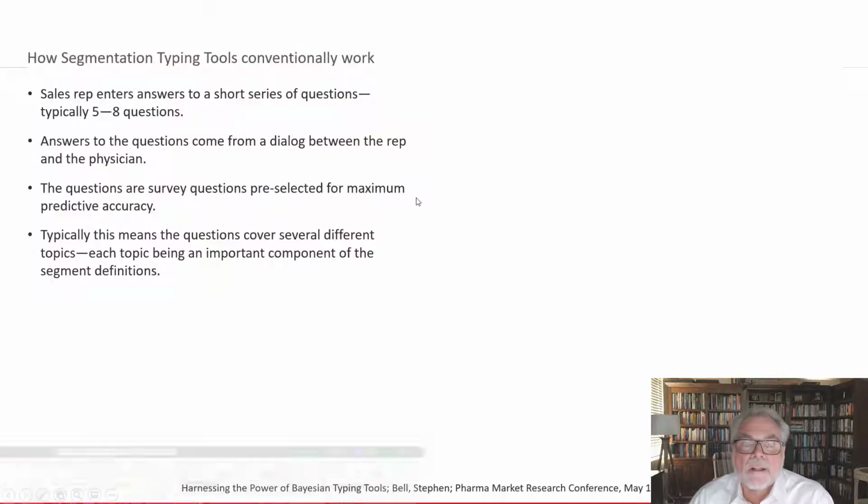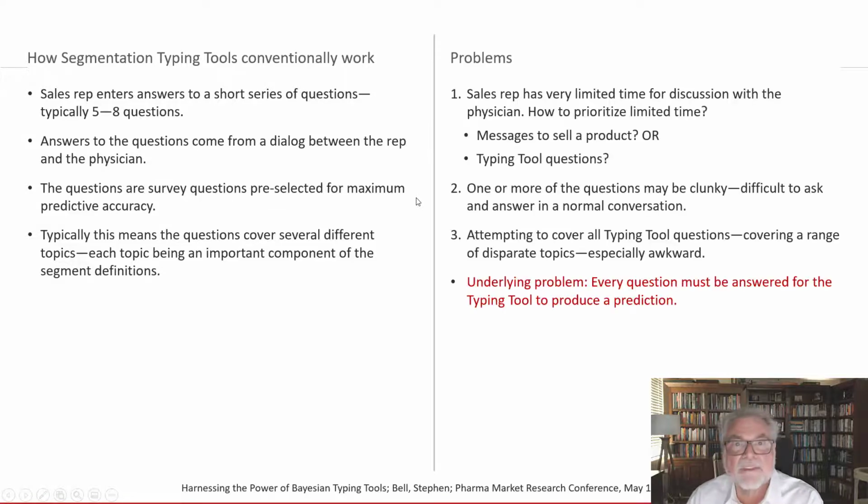Okay, so that's the conventional segmentation typing tool, and it actually has some pretty significant problems. There are frankly, I feel there's good reasons for sales reps not to like conventional typing tools. Problem 1, the sales rep is often challenged just to get access to the physicians.